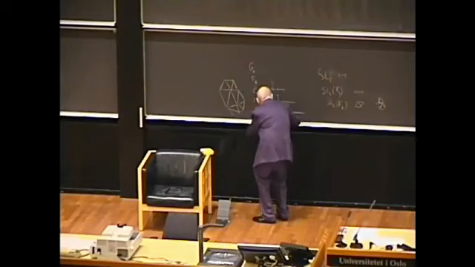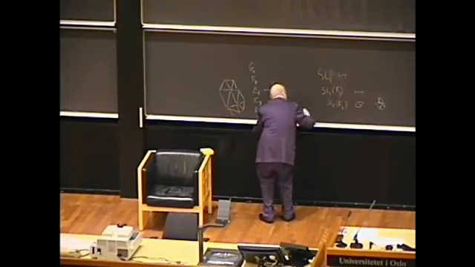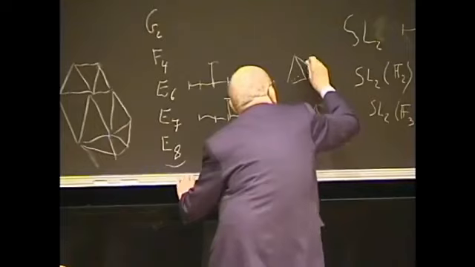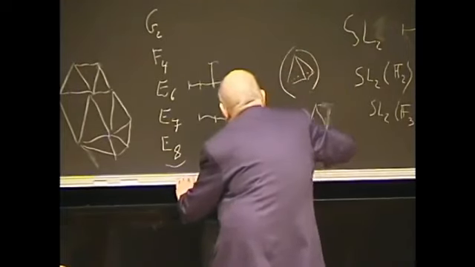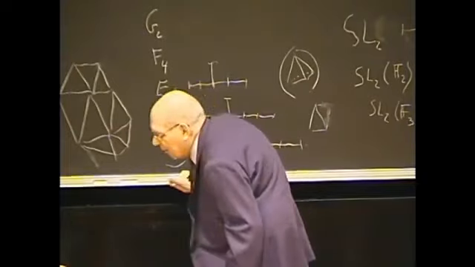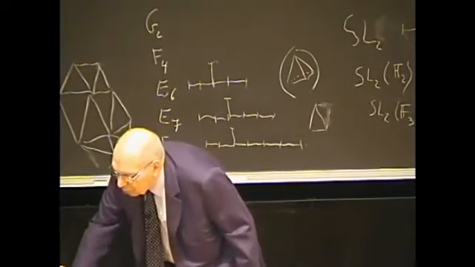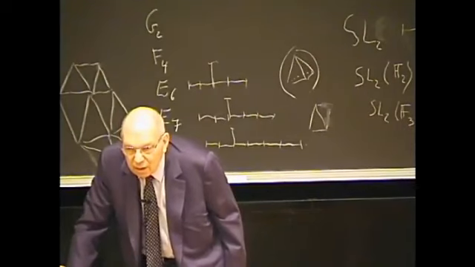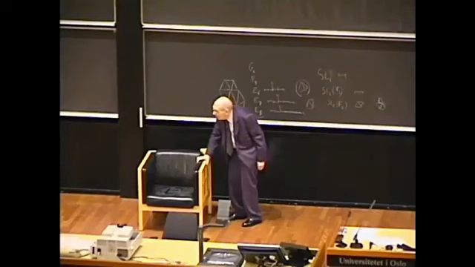If I want to have the building of SL2, it will be this. This is the building of the simplest possible group of type SL2, over, it's not even over a field, it's over the field of one element.